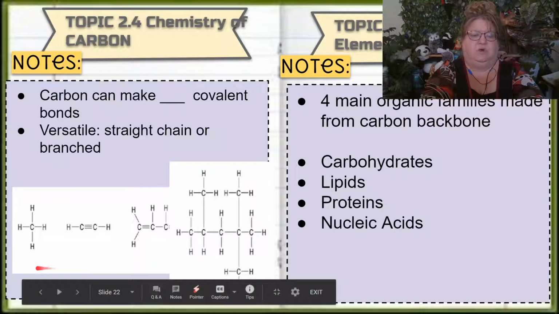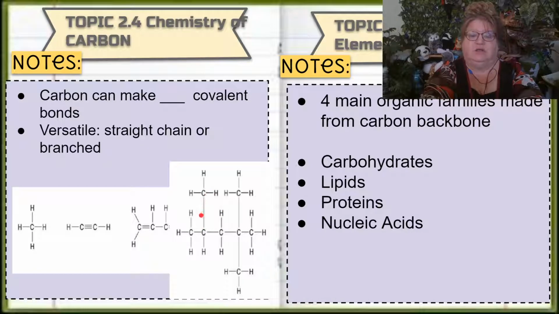Well, this is our simplest, good old methane, CH4. But carbon can make triple bonds, carbon can make double bonds, and you can also then either have straight chains or branched. And that's going to be true for all of these carbon compounds.